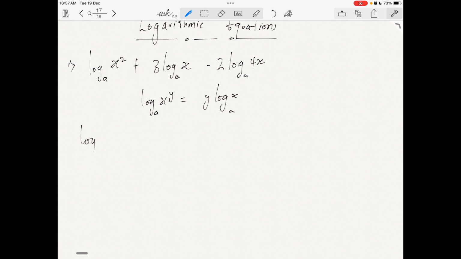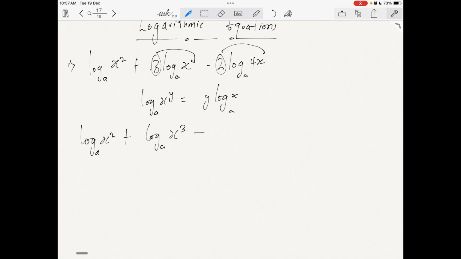So we can now write further, log base a of x squared, where this 3 now becomes a power to x, log a of x raised to the power 3, and this 2 also becomes a power to 4x.